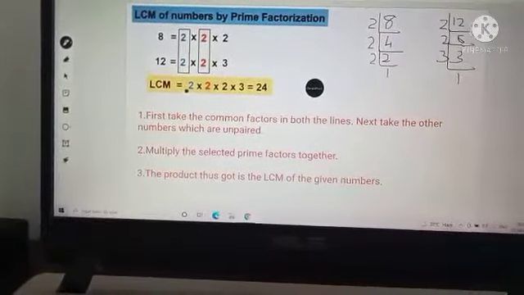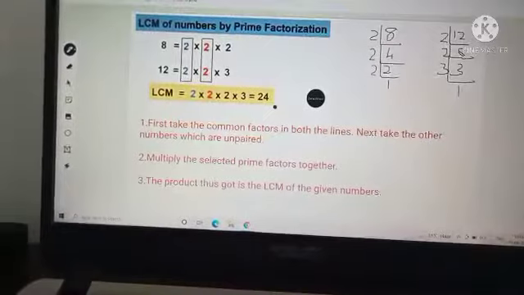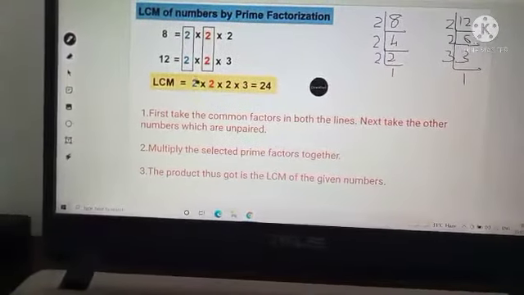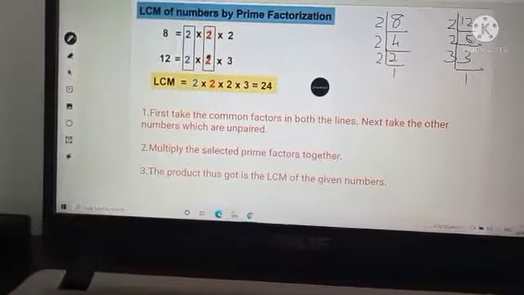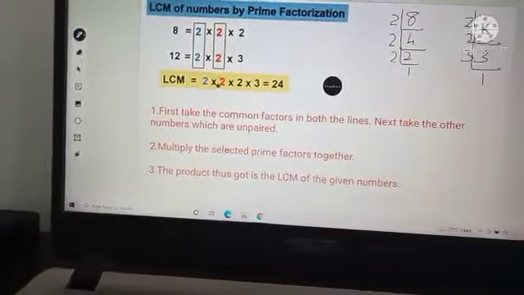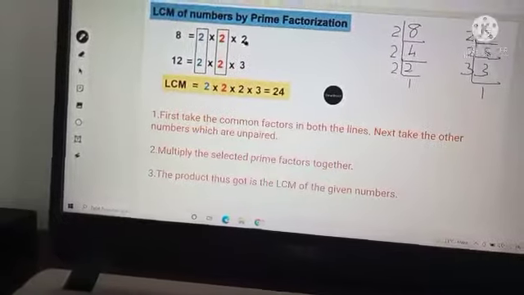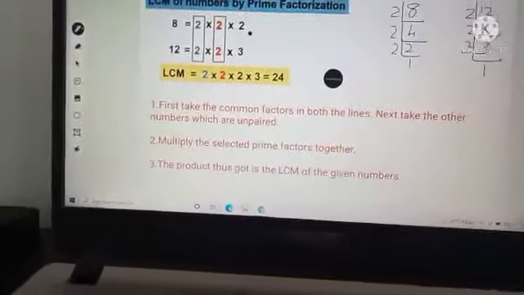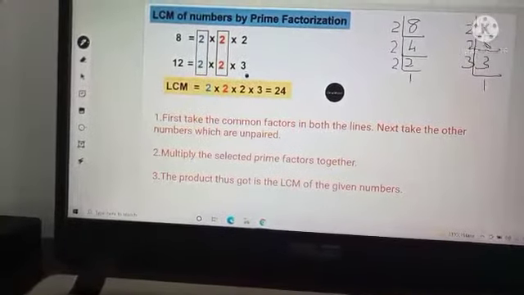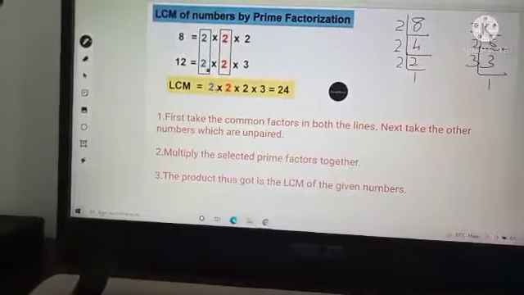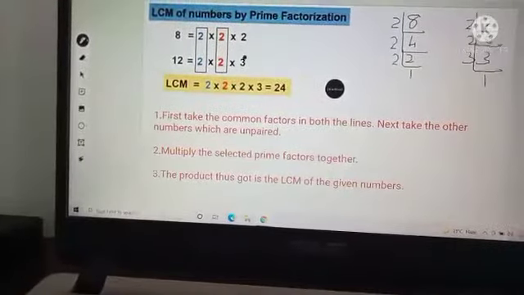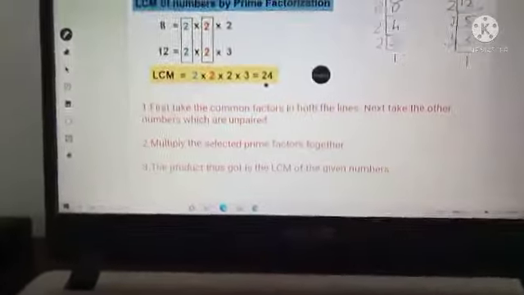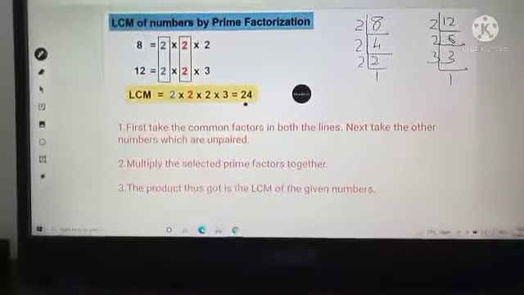From the common factors, take this 2, and from the other common pair, take one 2. Then take the unpaired factors, this 2 and this 3. So 2 into 2 into 2 into 2 into 3, that is 24.